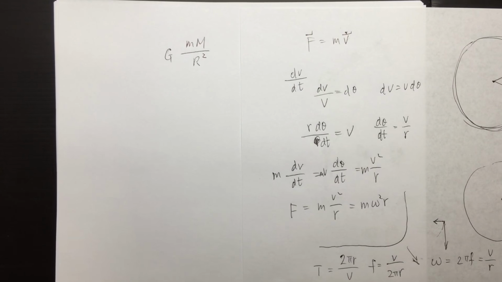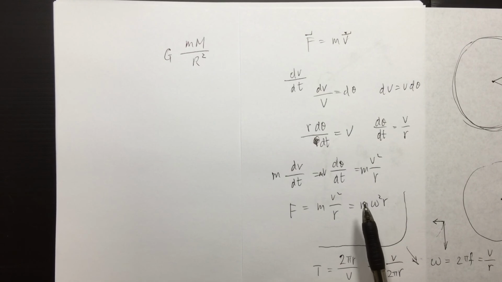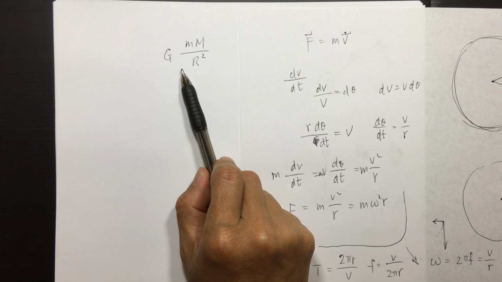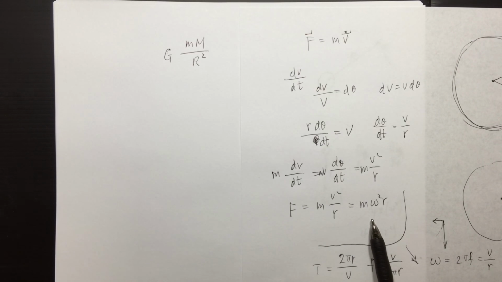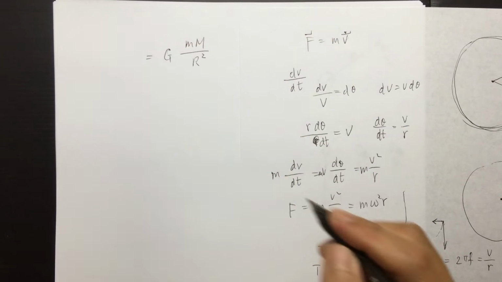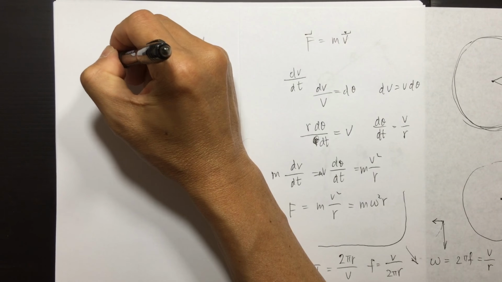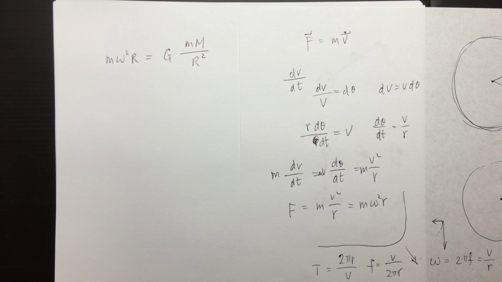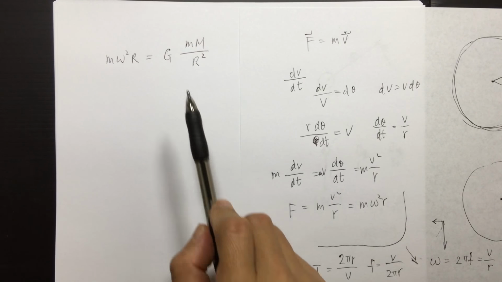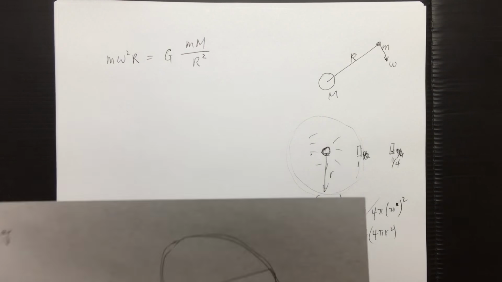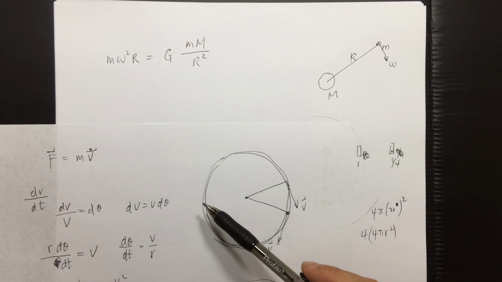So there's a force. This gravitational force is making the moon run in circles. In other words, this force, M, the gravitational force is pulling the moon, so the moon goes in a circle.